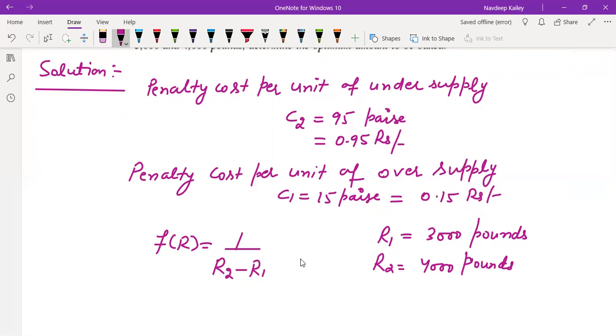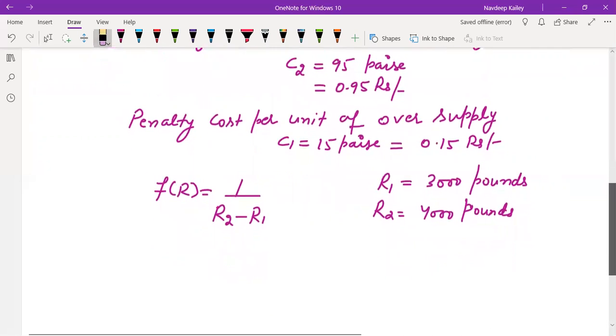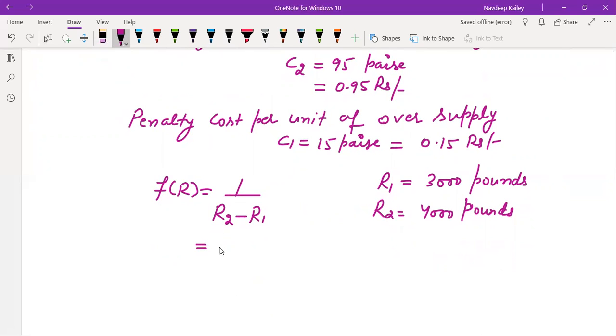As demand is rectangular, it forms a uniform distribution. Therefore, its probability density function is 1 upon 4000 minus 3000, that is 1 upon 1000. This is basically the probability density function.